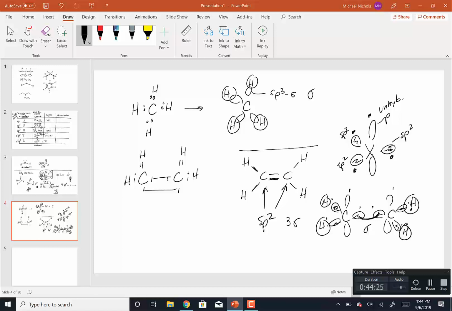Okay. Now, from the orbital picture, what am I missing? Each carbon has 1 unpaired electron, so what do I need to do? I need to overlap the p orbitals. P orbitals only overlap sideways, top and bottom. So they overlap sideways, and that is called a pi bond.